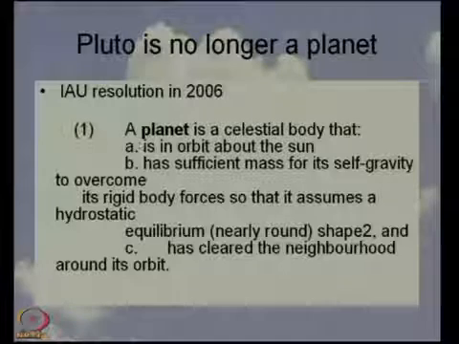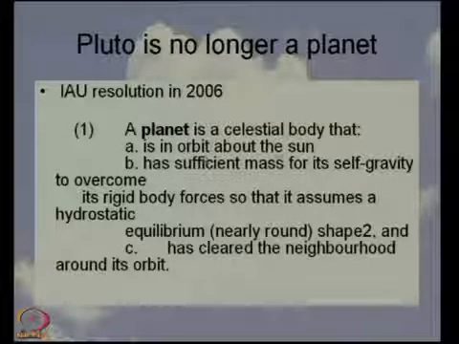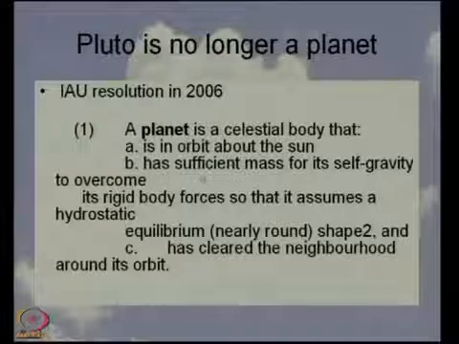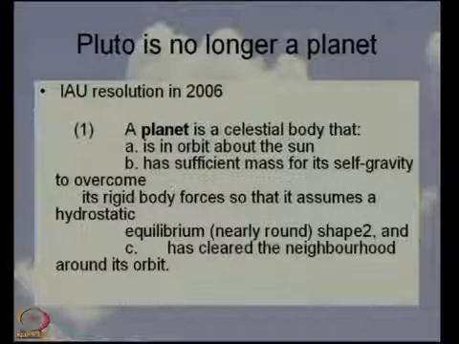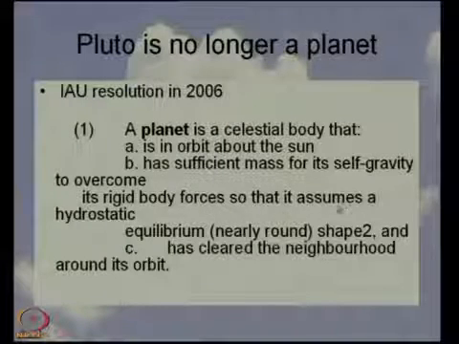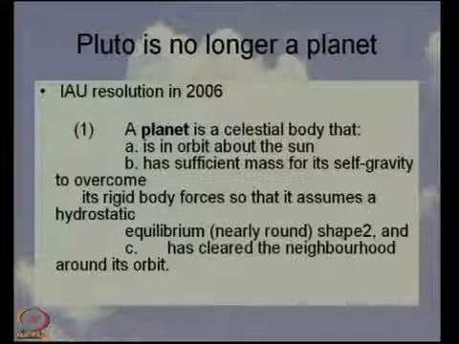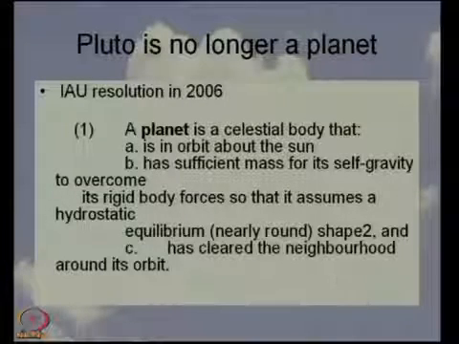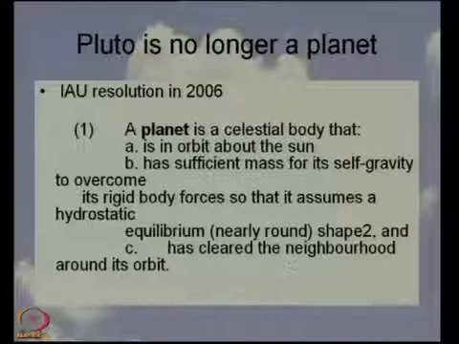A planet is a celestial body that (A) is in orbit about the Sun, (B) has sufficient mass for its self gravity to overcome rigid body forces, so that it assumes a hydrostatic equilibrium, nearly spherical shape, and (C) has cleared the neighborhood around the orbit.